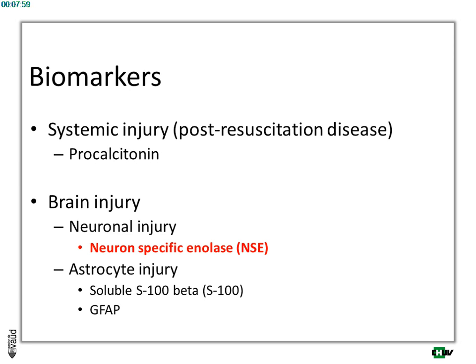Biomarkers. Well, as always, there are only biomarkers. There are severity biomarkers. If you have 15 of lactate on arrival, it's less good than if you've got 5. Another group highlighted procalcitonin.